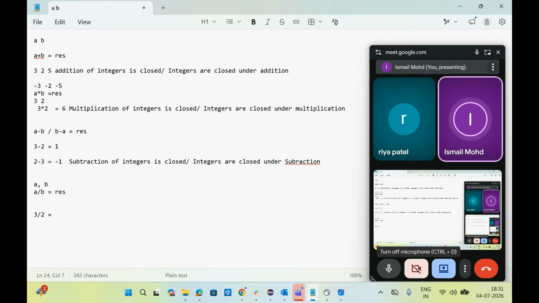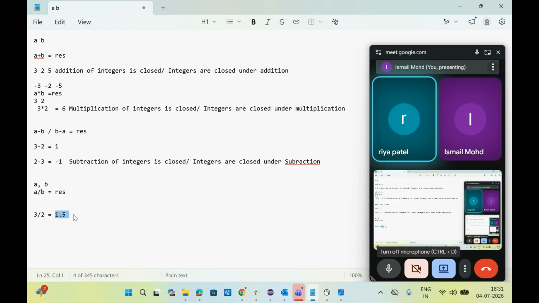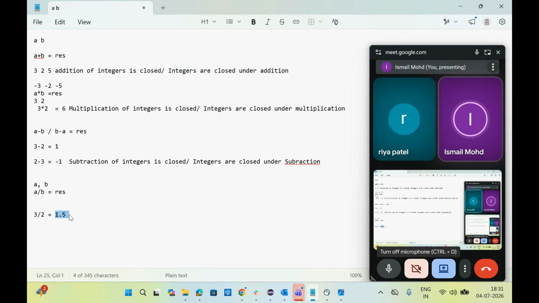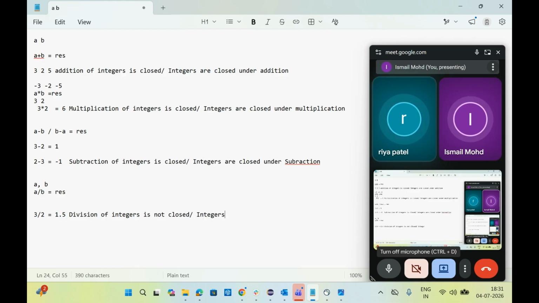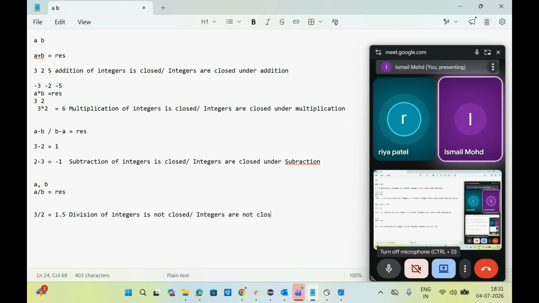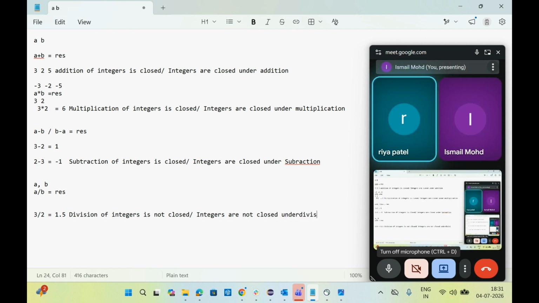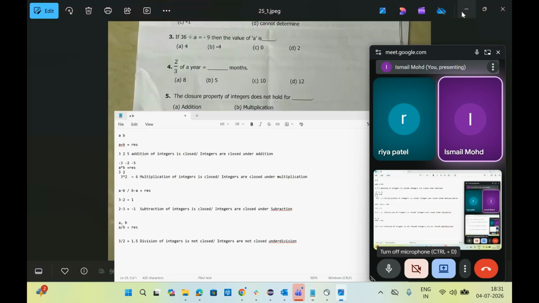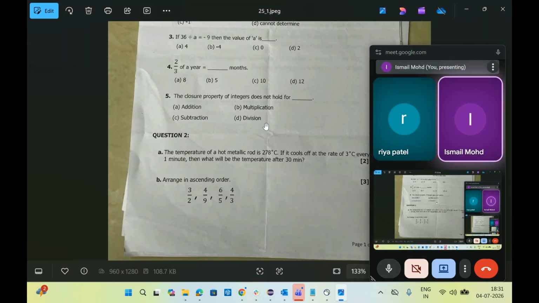It is a fraction, or some decimal. Is this an integer? No, sir. It is either a fraction or some decimal value. So division of integers is not closed, or you can say integers are not closed under division. So what is the answer? Division.